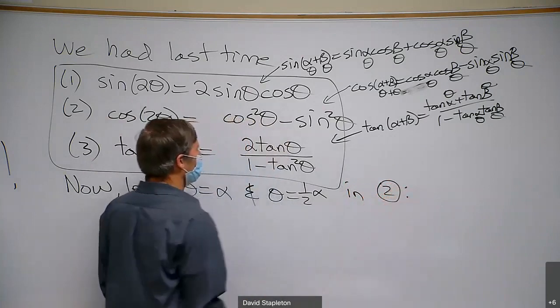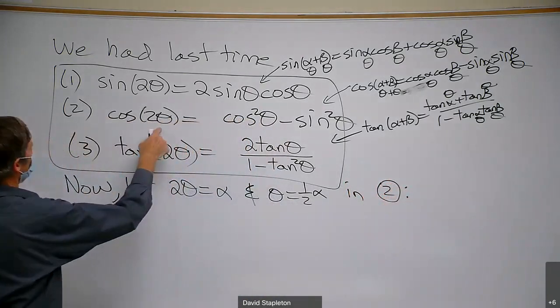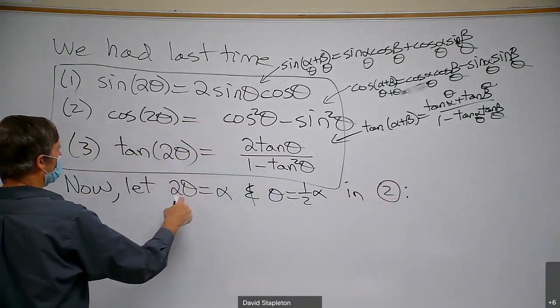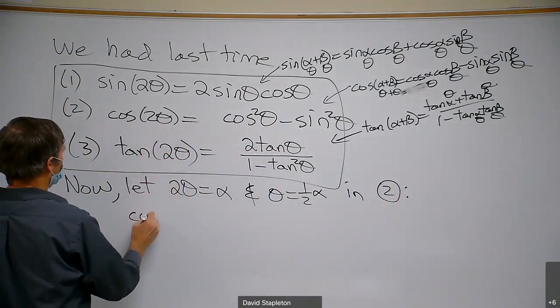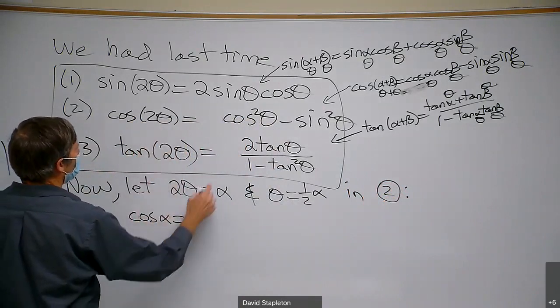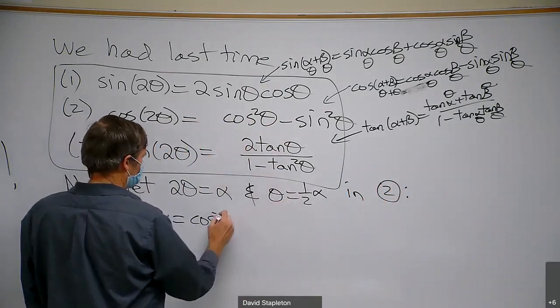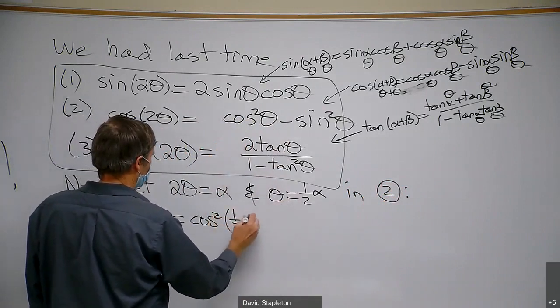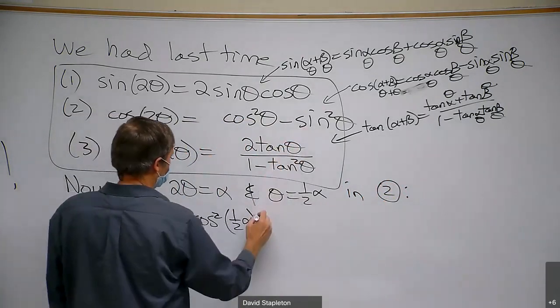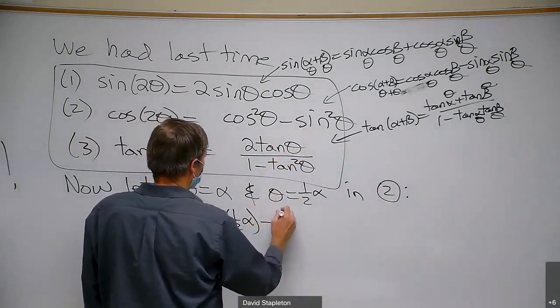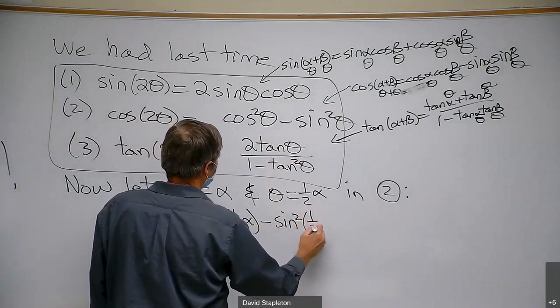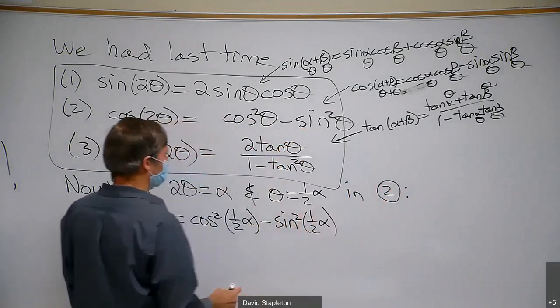Let's start with 2. Suppose I do that in here. In equation 2, if I replace 2 theta with alpha, this becomes cosine alpha equals cosine squared, and theta is 1/2 alpha, minus sine squared of 1/2 alpha, replacing the sine squared theta.